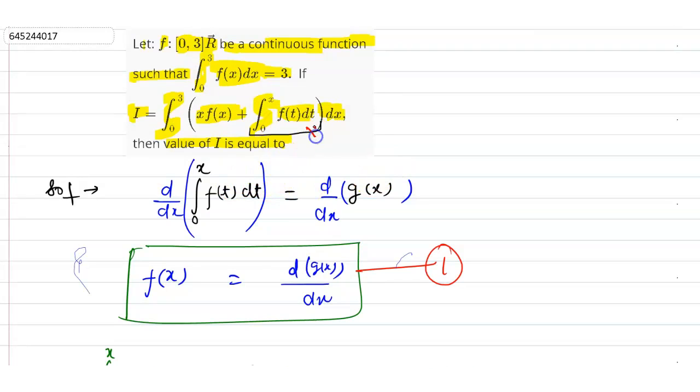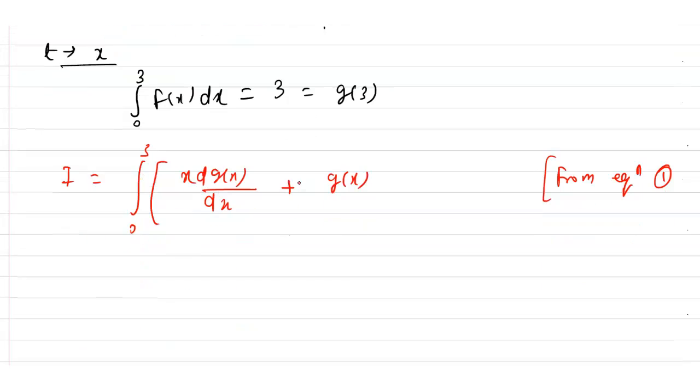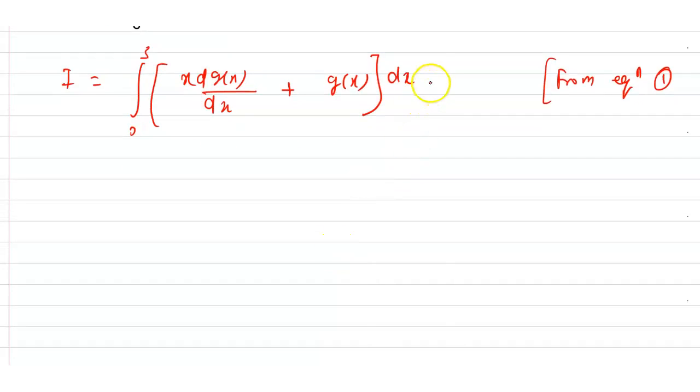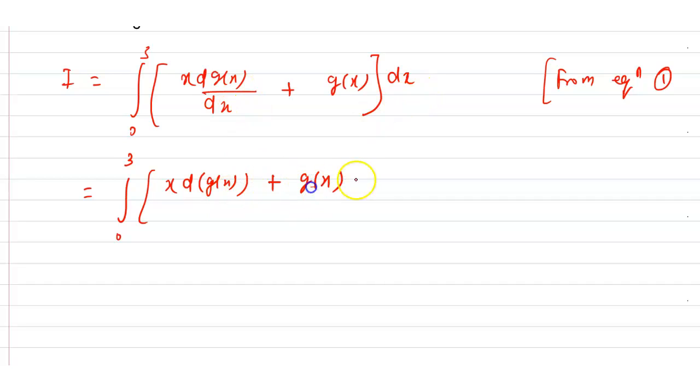So I equals the integral from 0 to 3 of x dg(x) plus g(x) dx, where the dx cancels with the dx in the denominator.